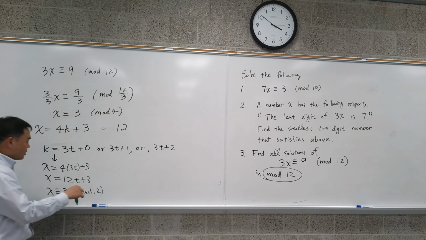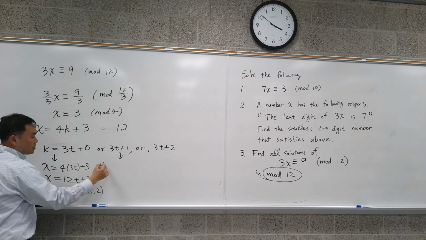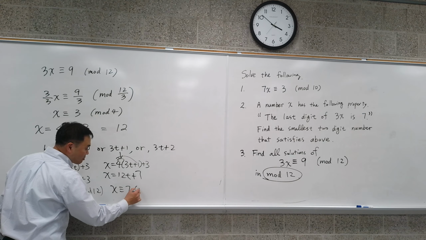That's what it means. If k is 3t plus 1, then what is x? x is 4 times (3t plus 1) plus 3. And if you multiply this out, x equals 4 times 3, which is 12t, and 4 times 1 plus 3, that's plus 7. And that means x is congruent to 7 mod 12.